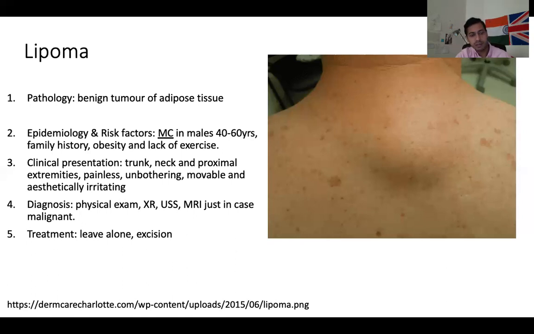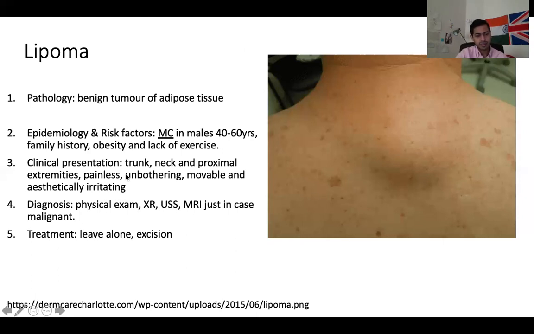Obesity, purely because of more adipose tissue in your body, and lack of exercise, which is once again linked with obesity. Clinical presentation, here usually it's on the trunk or the neck or proximal extremities.